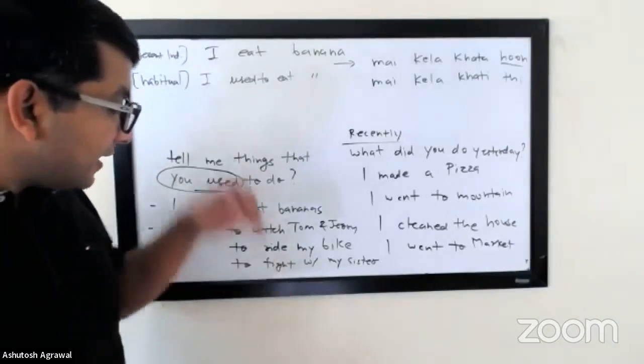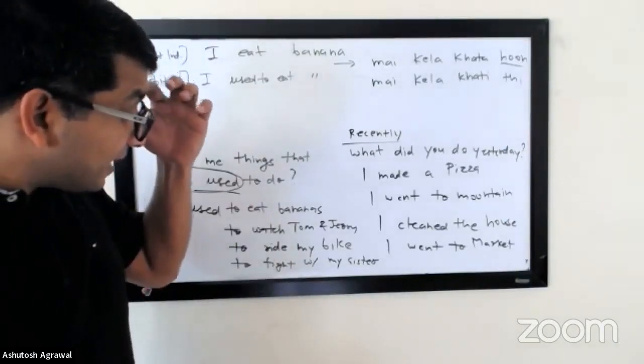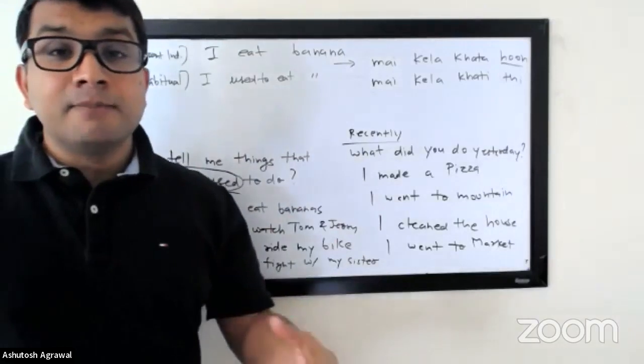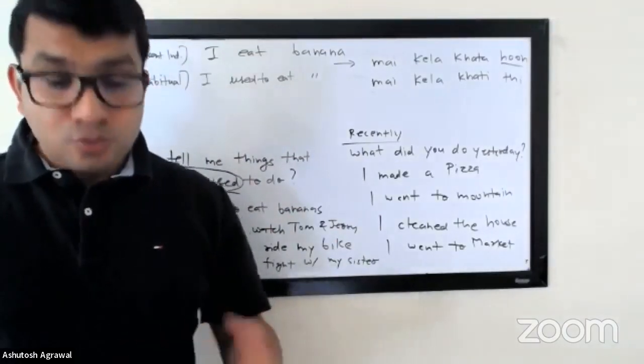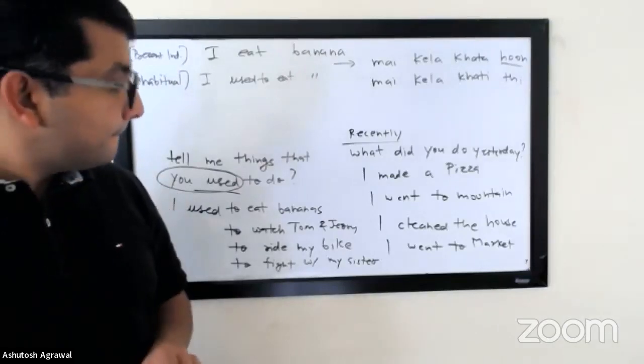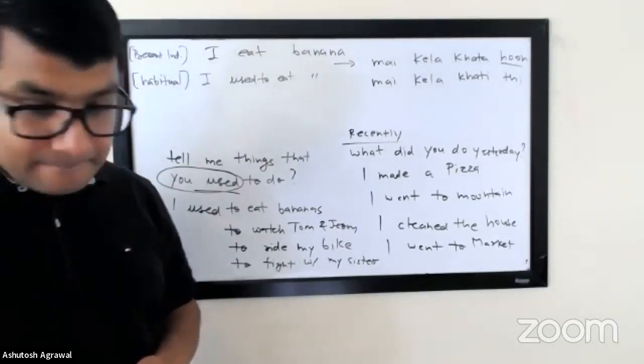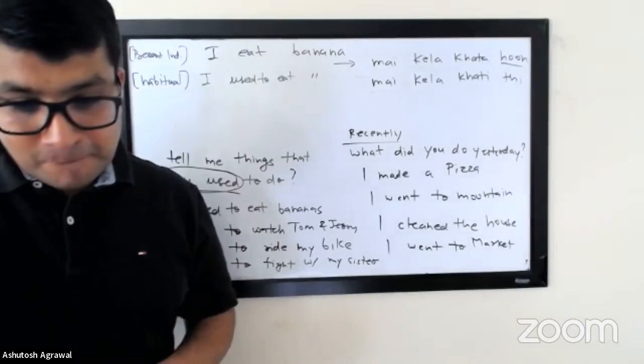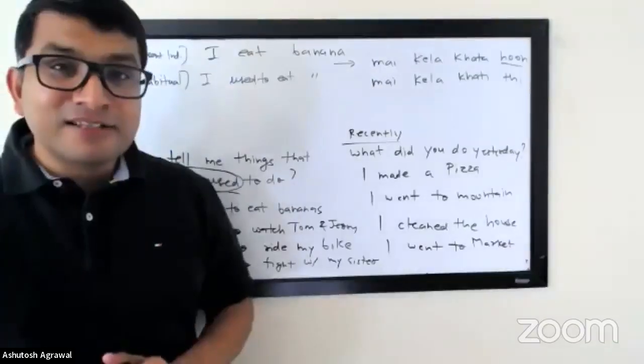Next one. I fight with my sister. If I'm saying it in present, मैं मेरी बहन से लड़ता हूँ. In habitual past, it would be मैं अपनी बहन से लड़ती थी, right?